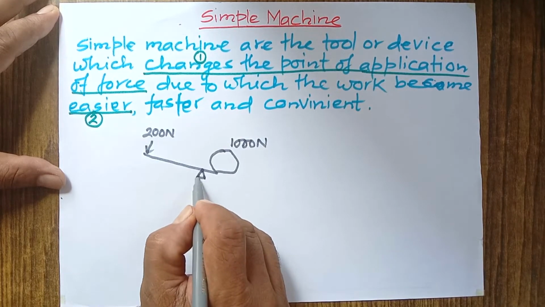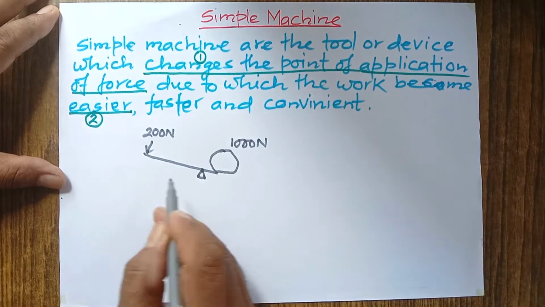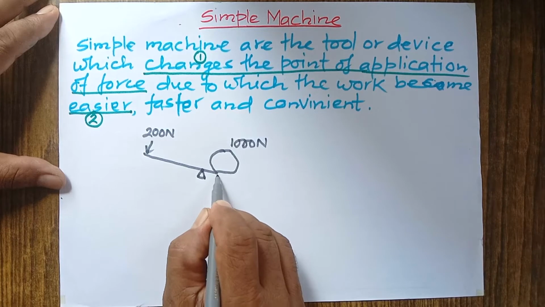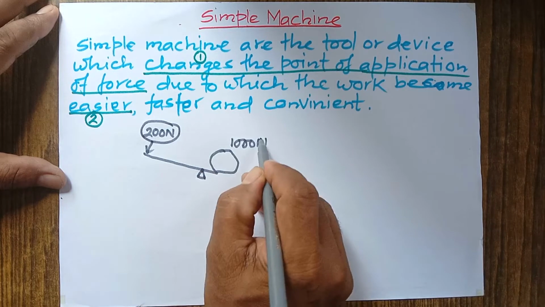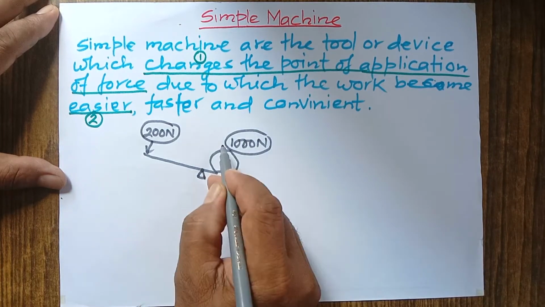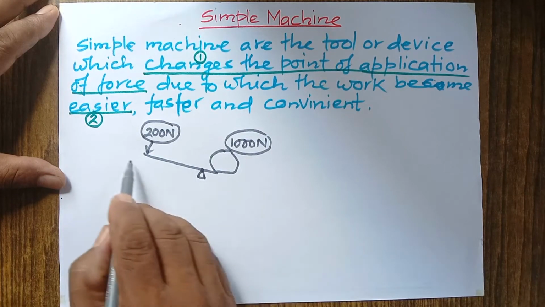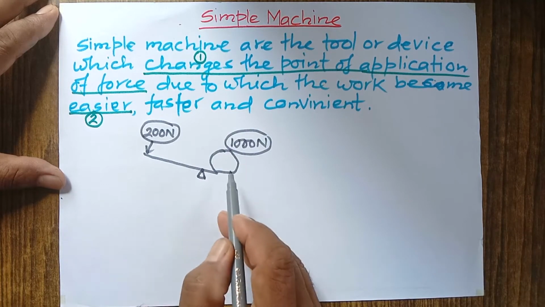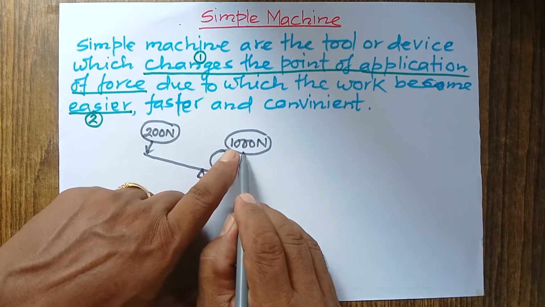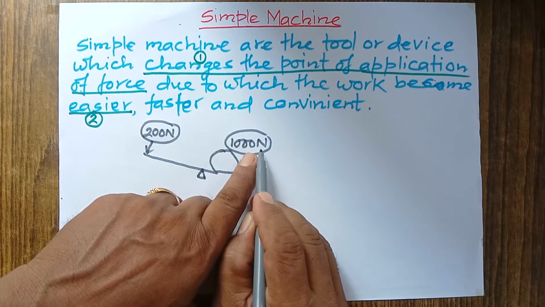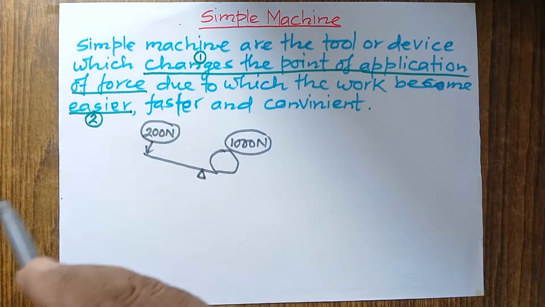If the distance from fulcrum to the point of application of force, it means effort distance, is longer than the distance between fulcrum and load, that is load distance, then less effort will be able to turn heavy load. Less effort will be able to raise heavy load. This is possible only because of this lever, simple machine. If we have to raise this load with bare hand, then certainly we need to apply 1000 Newton force. That's why simple machine makes our work easier by magnifying the force.